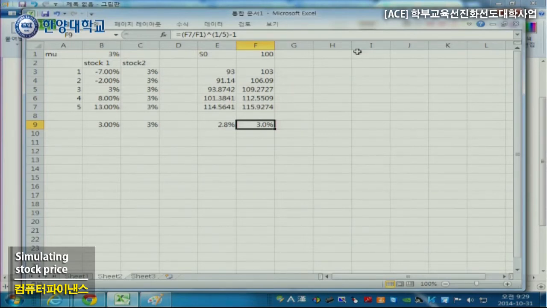Suppose you are to invest your money in a mutual fund, and the fund manager or the asset management firm may advertise that our assets generate 3% per year. But it does not mean that you will actually make 3% per year if you hold the stock for multiple years.